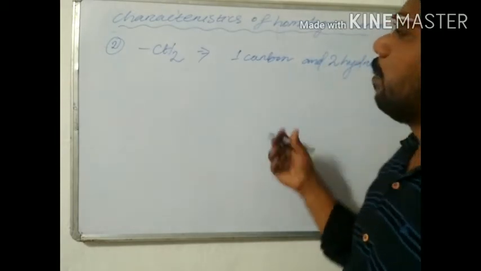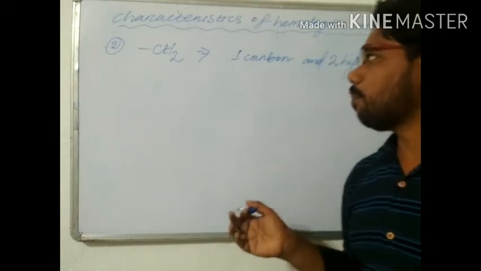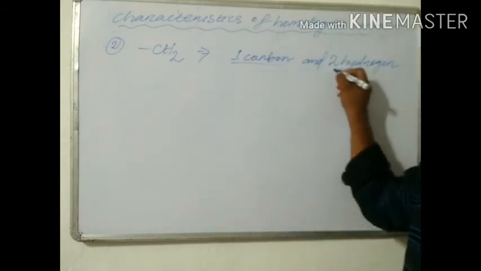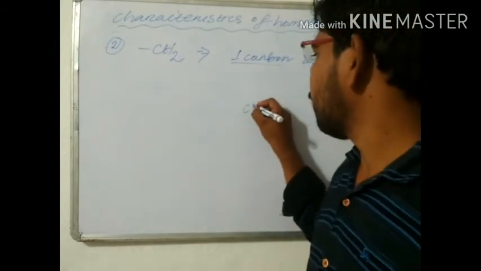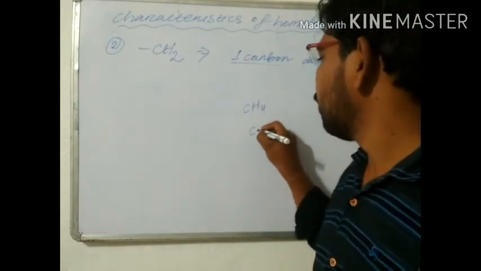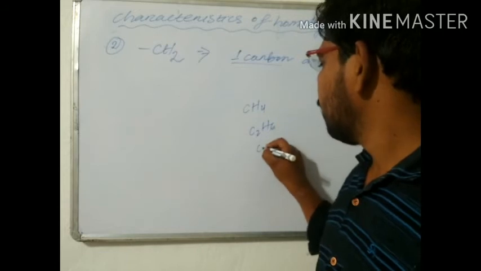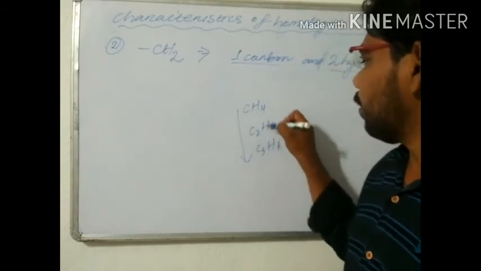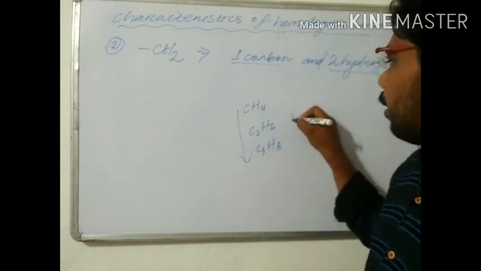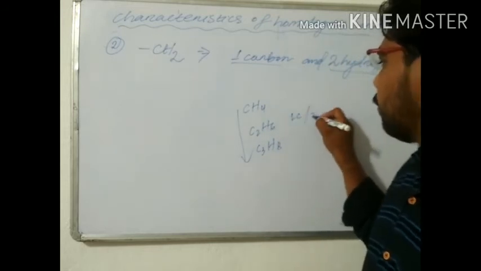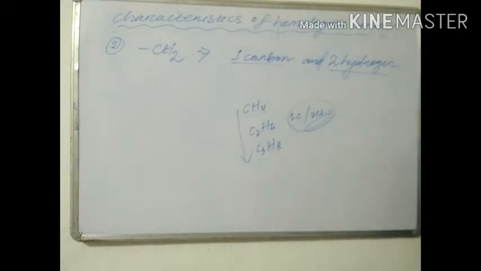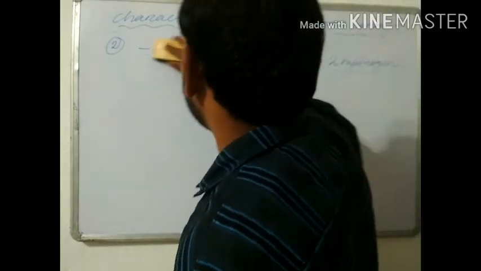So from one member to the second member in the same homologous series, the difference is 1 carbon and 2 hydrogens. Like in case of alkane, CH4, C2H6, C3H8, from one member to the next, 1 carbon atom and 2 hydrogen atoms are the difference. This is the second property of a homologous series.